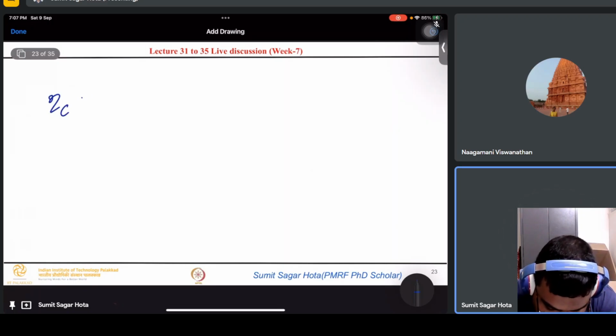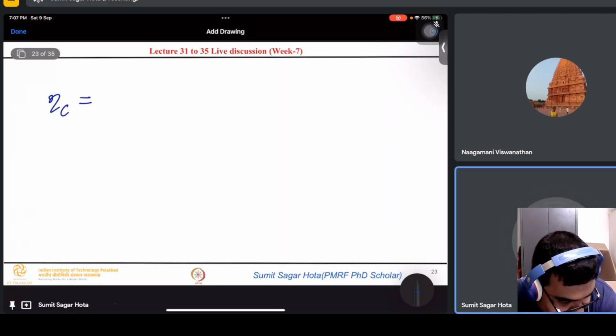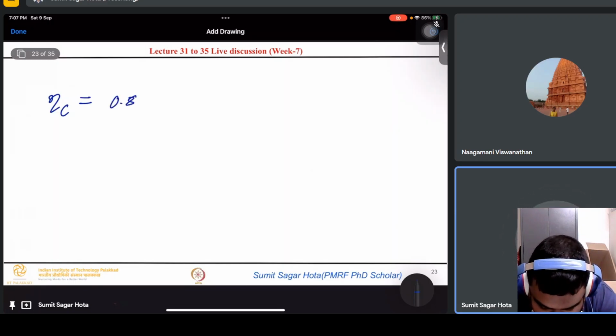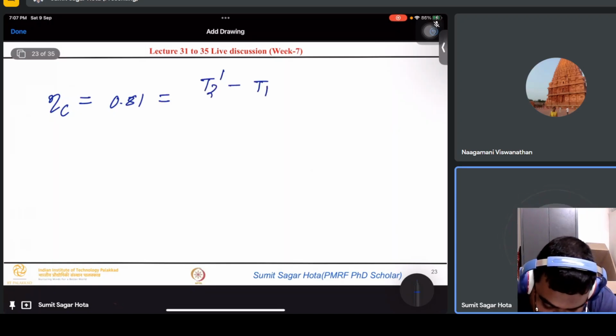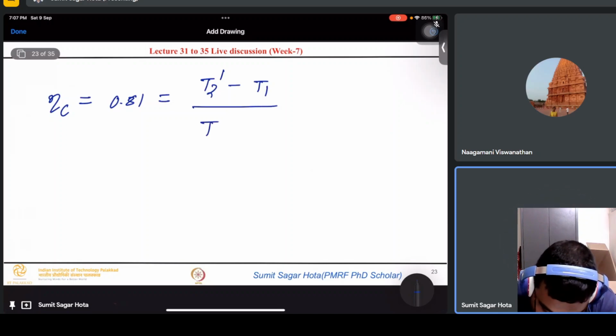Compression efficiency. What is the compression efficiency formula? The value given is 0.81 is equal to T2 dash minus T1 divided by T2 minus T1.